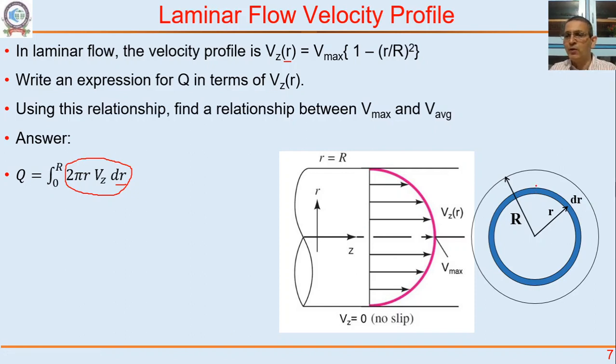If you take this control volume, cut here, and stretch it out, you will see a rectangle like this. This distance is 2 pi r.